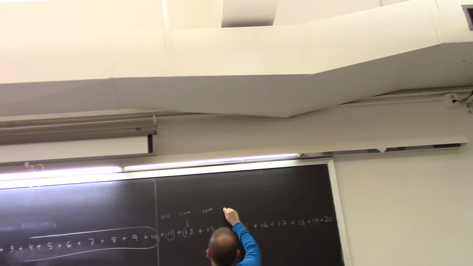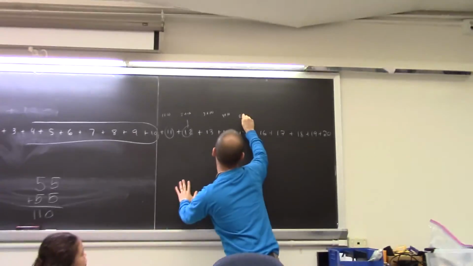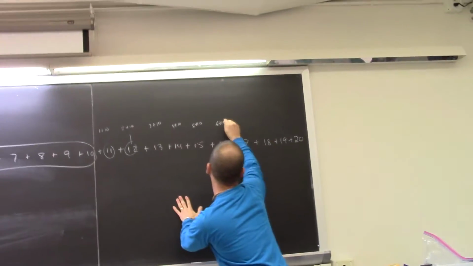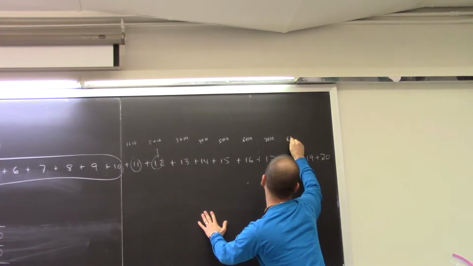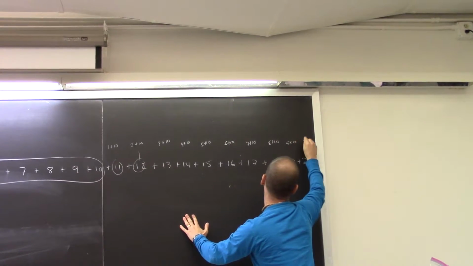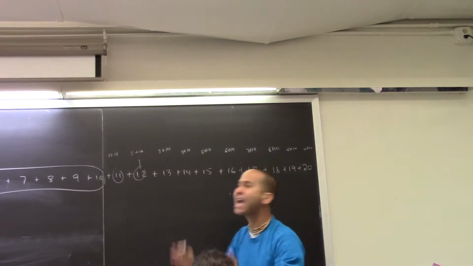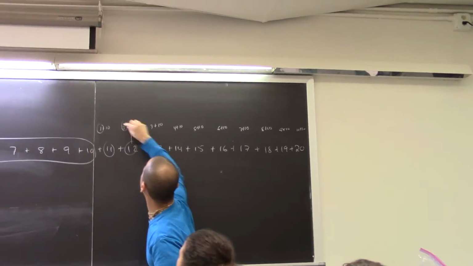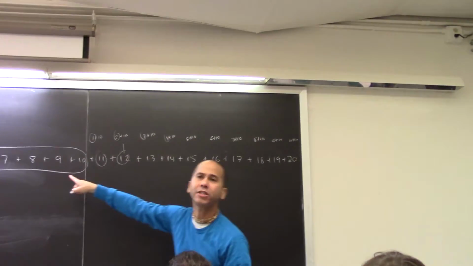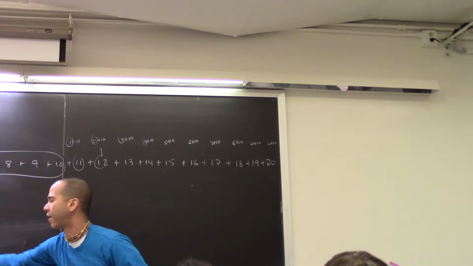Do you see this? 3 plus 10, 4 plus 10, 5 plus 10, 6 plus 10, 7 plus 10, 8 plus 10, 9 plus 10, and 10 plus 10. She's saying, I have again 1, 2, 3, 4, 1 through 10. That's this 55. And now what?